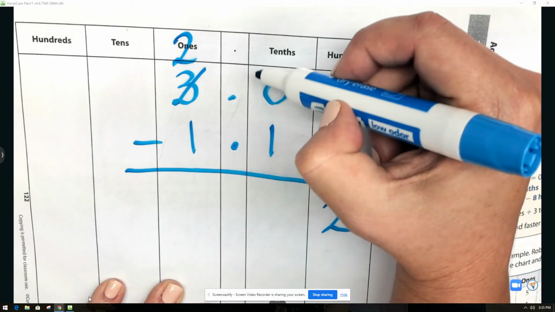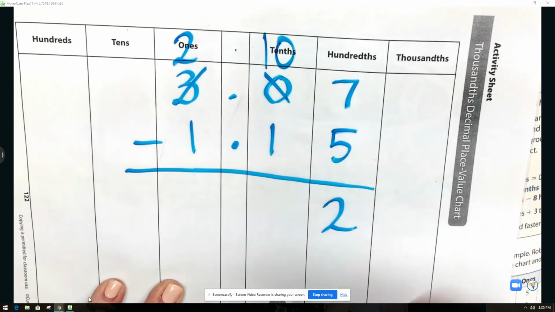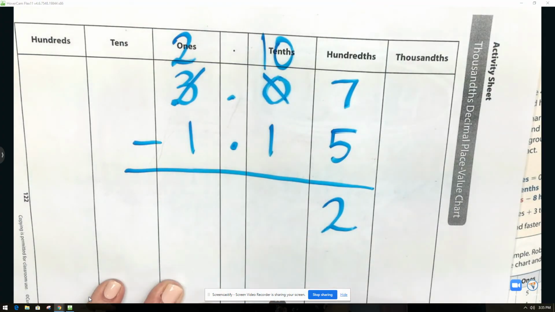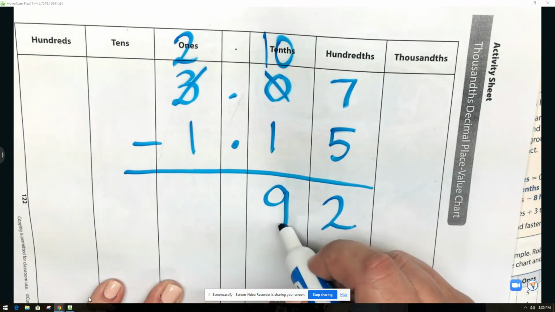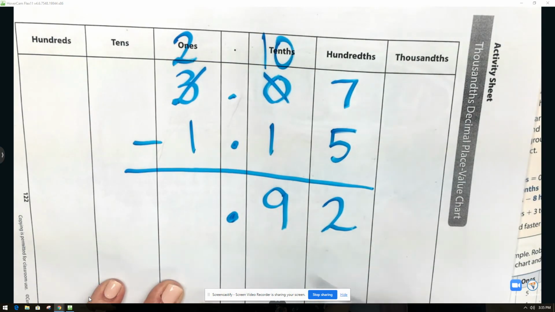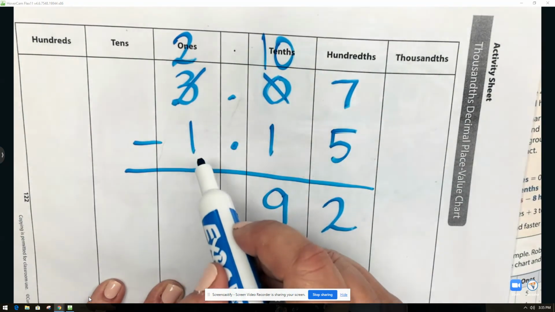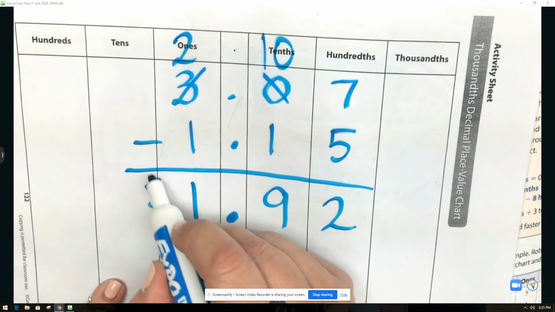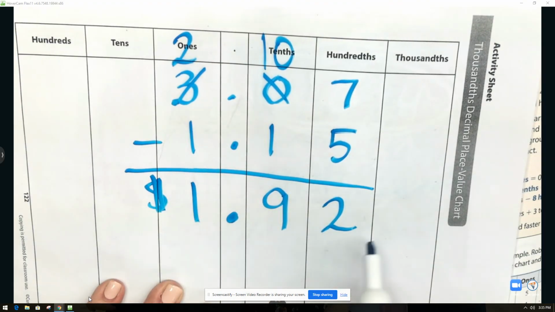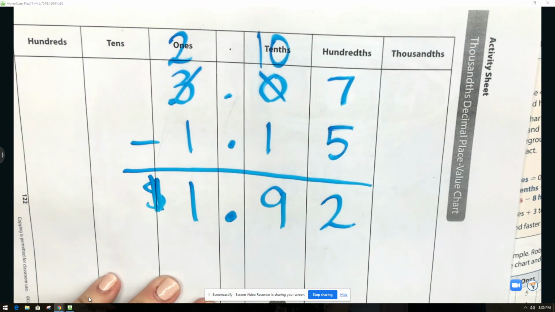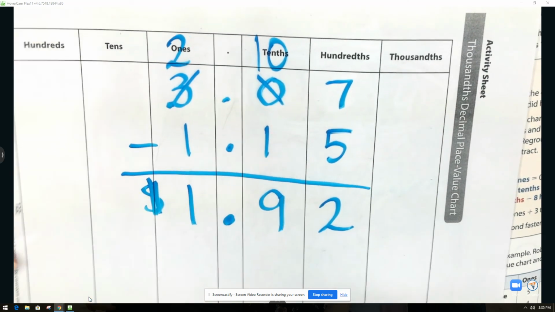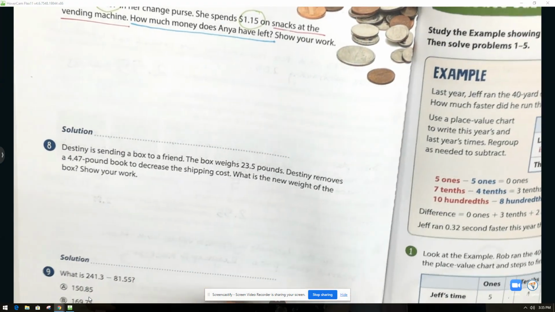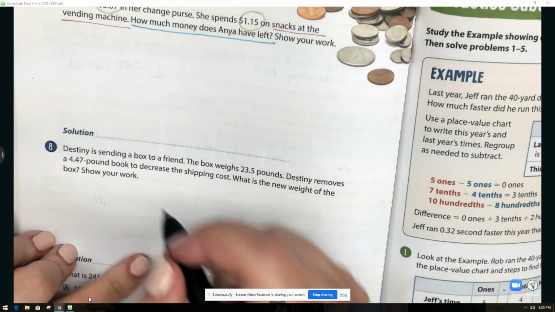So we're going to make this 10 tenths. Now, what is 10 tenths minus 1 tenth? It is 9. We have our decimal place, and then 2 wholes minus 1 whole is 1. So Anya has $1.92 left after she buys her snacks. So on our paper, we can go ahead and write that we used a place value chart.